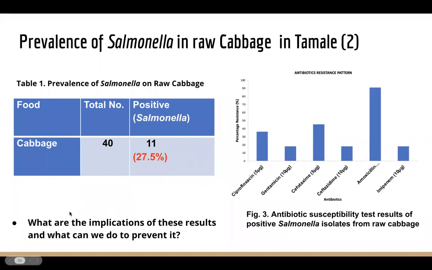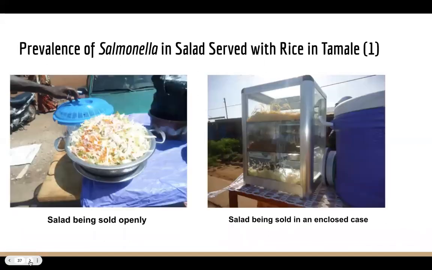And if we are beginning to see high resistance in just fruits that we eat, then you can also maybe take these resistant genes from just by eating these fruits that are not well prepared. In the next slide, I'll show you the next slide.